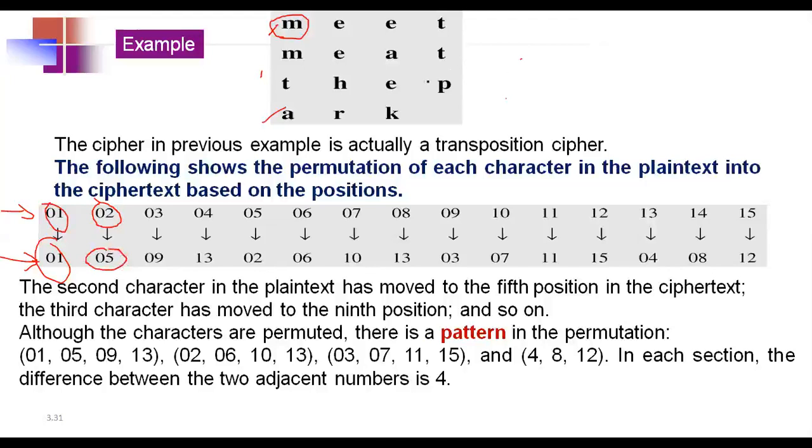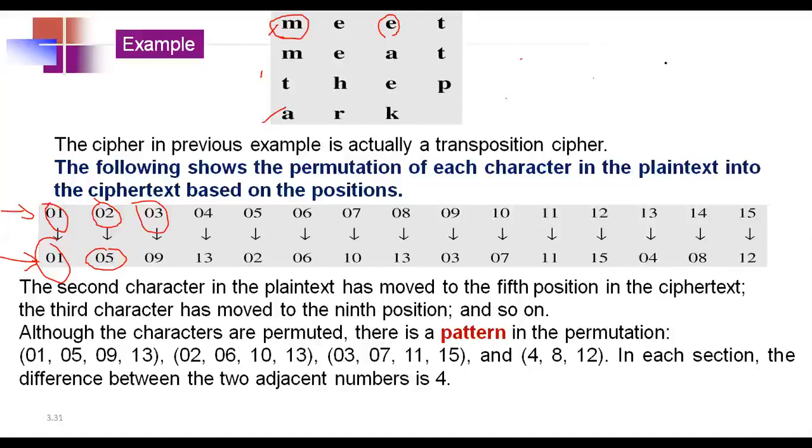Similarly, the third character E is written as the ninth character in the ciphertext. Why is this the ninth character? Because if you check these columns, this E is at the ninth position column-wise.